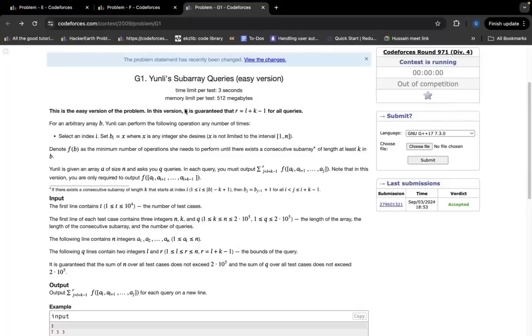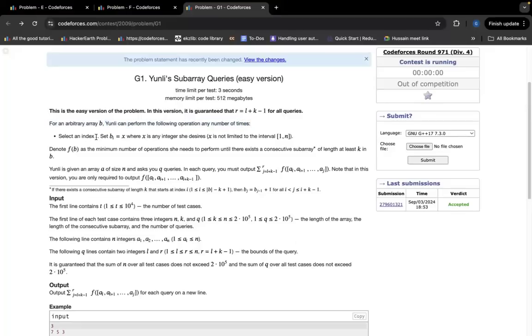In this version, it is guaranteed that R is equal to L plus K minus 1. For an arbitrary B, Junli can perform the following operation any number of times.